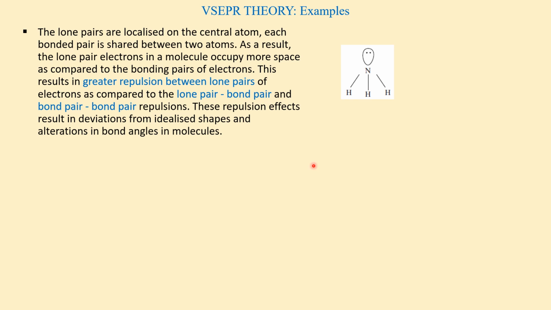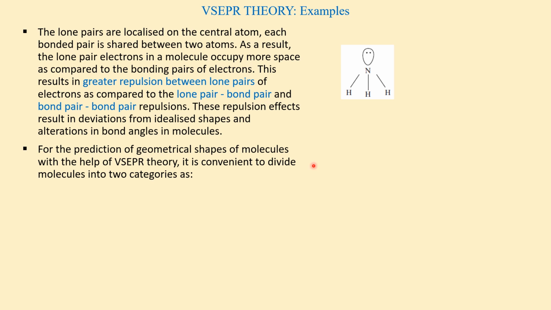These repulsions result in deviation from the idealized shapes and alterations in the bond angles. Hence, due to the repulsion effects, the shapes and bond angles in molecules get altered.